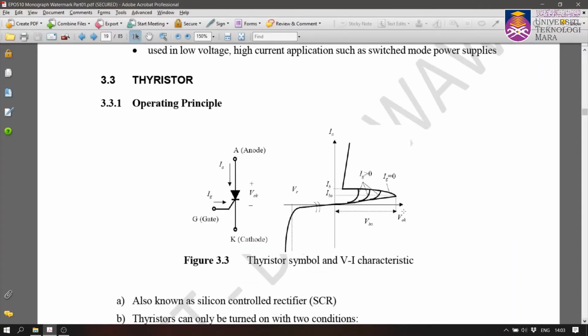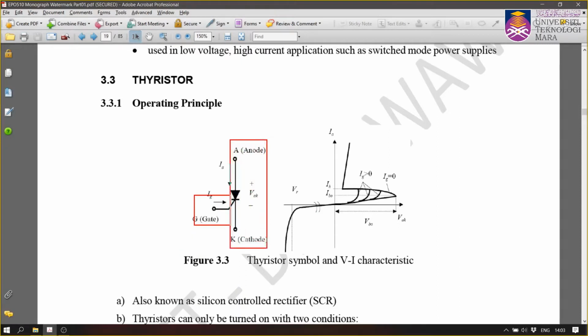Next we have the thyristor. For the thyristor, we have an extra terminal here, the gate terminal. It works as a diode, but you have an extra function of gate signals to trigger it.